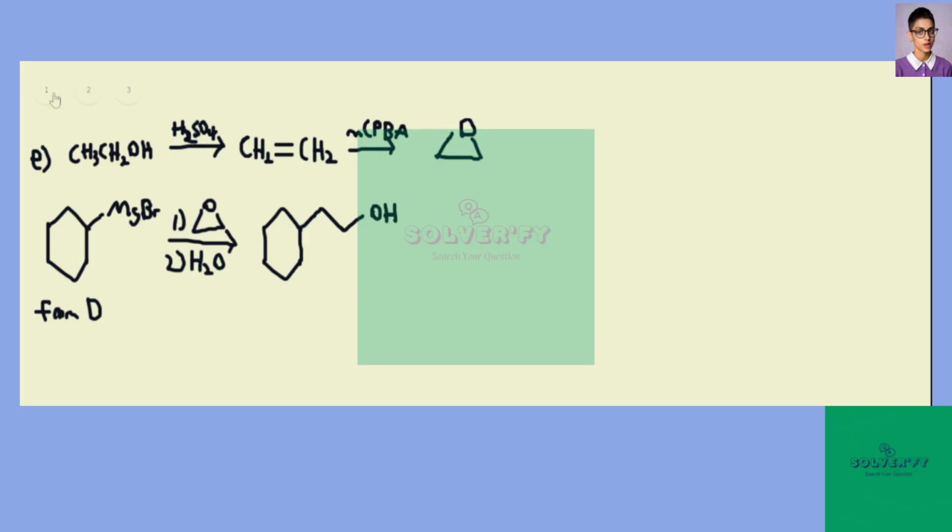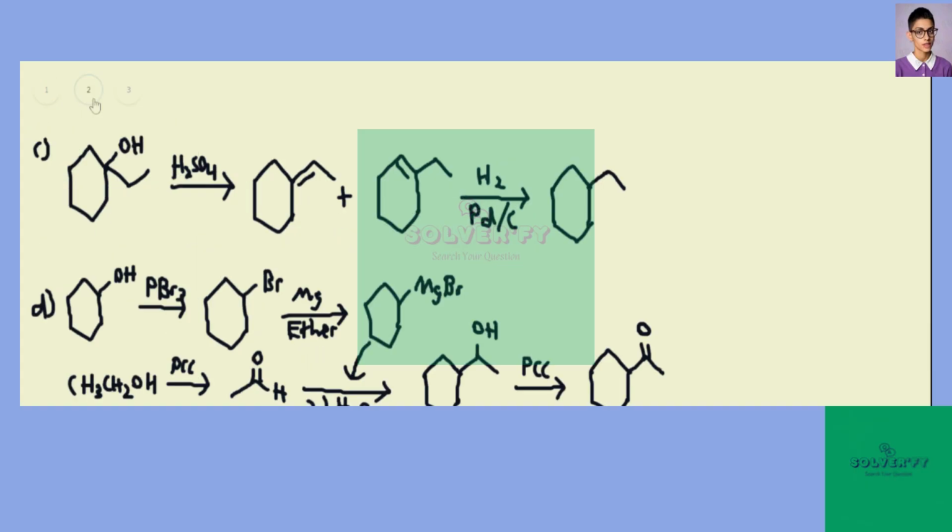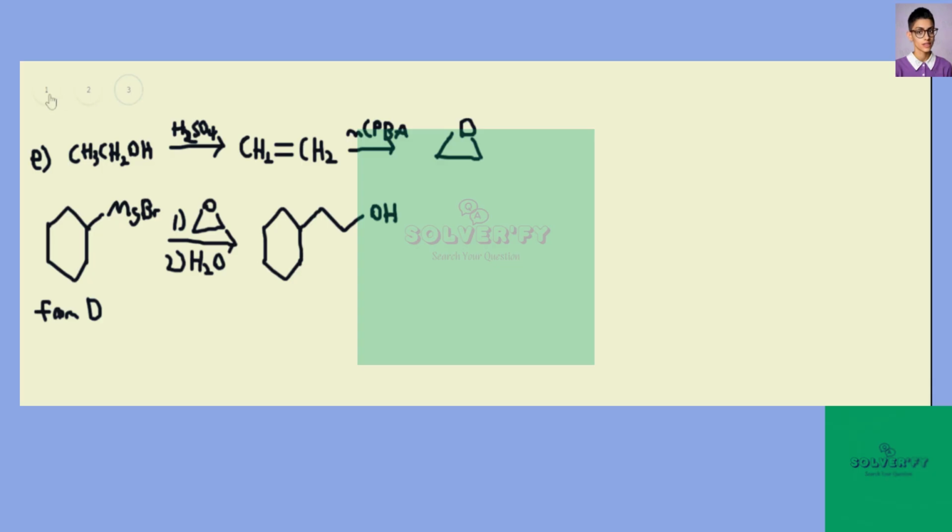That's all of these. And so remember, for each of these synthesis problems, we basically just used a strategy of going from the alcohol to a Grignard reagent, and also going from an alcohol to a ketone or aldehyde, and then reacting the Grignards that we made with the ketones or aldehydes that we made in order to stitch together the carbon skeletons that we needed.